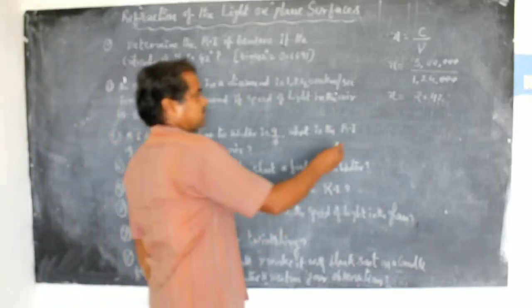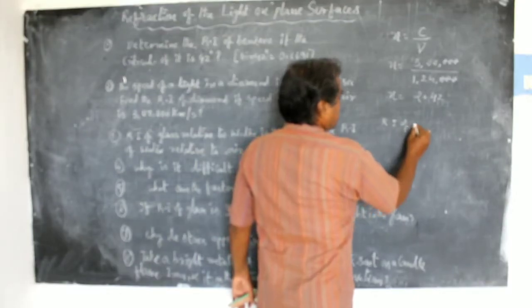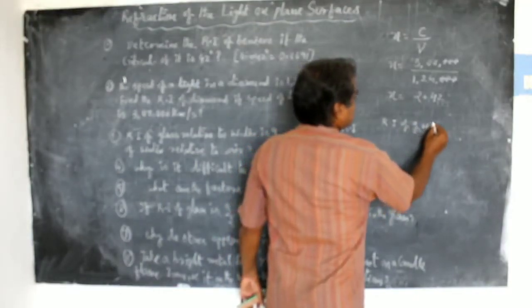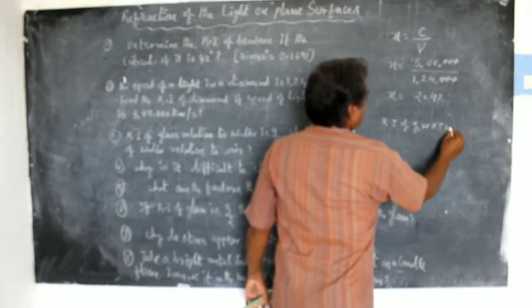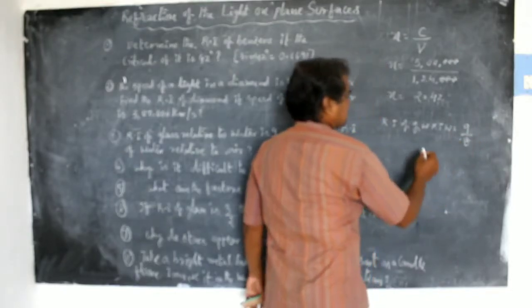How? So first, the refractive index of the glass with respect to water is how much? 9 by 8. It indicates what?